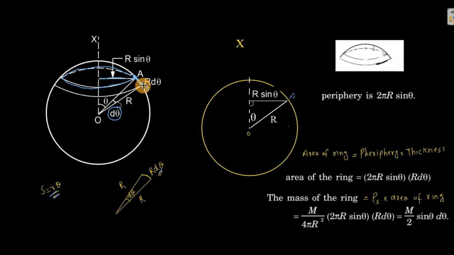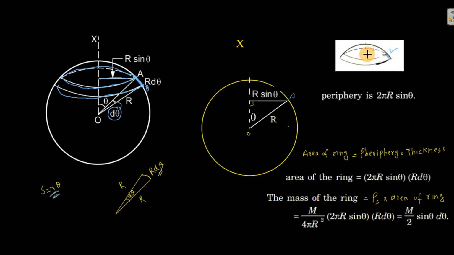Now अगर हम इस B पॉइंट से एक सर्कल को रोटेट करें अराउंड the OX, so a ring will be produced, that is this one. The length of this ring is r d theta.